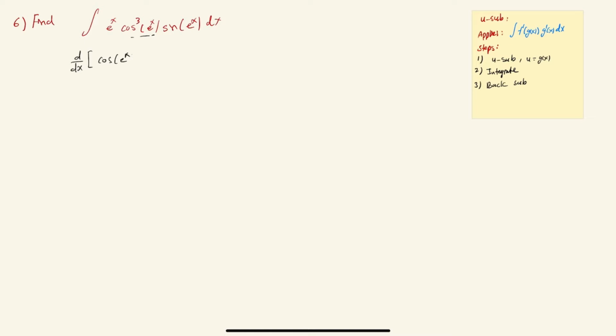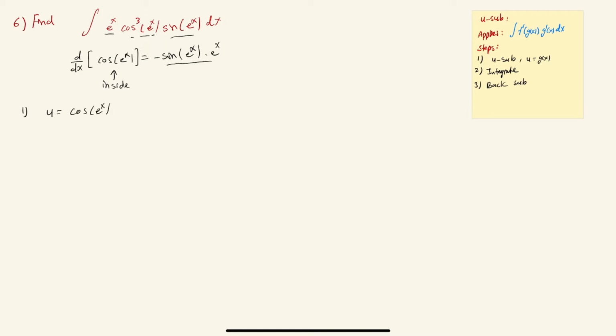Notice here when I take the derivative of cosine of e to the x, it's going to be equal to minus sine of e to the x multiplied by e to the x using the chain rule. Notice here this term is actually given in our function. Therefore, substitution applies.